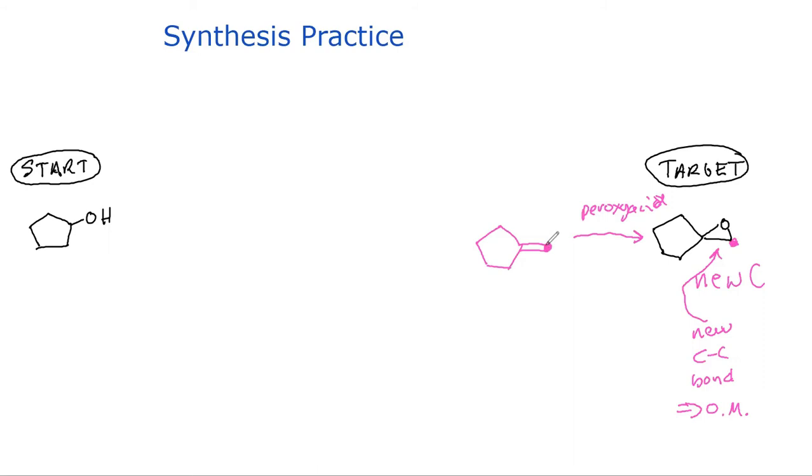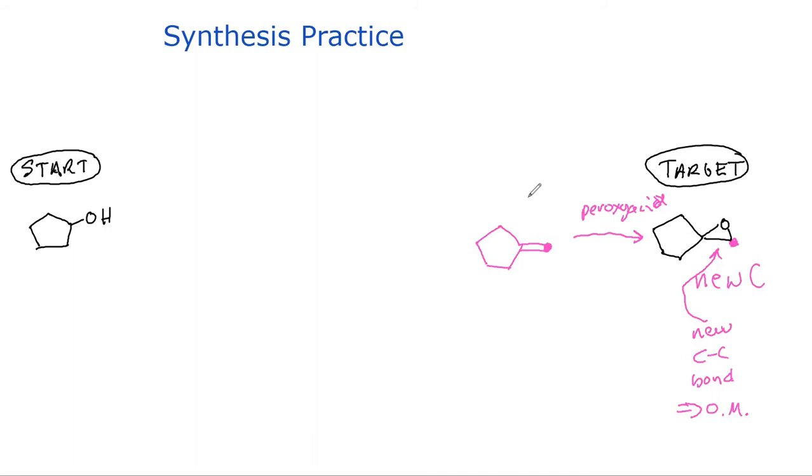So let's think about how we might make that molecule. We're starting with an alcohol. We can imagine turning that alcohol either into a nucleophile or an electrophile. Now, if we want to make this alkene, we want to think about what it came from as well.